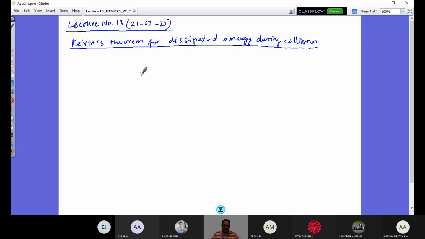What does the theorem state? During collision, I use this mathematical definition. Delta E is energy loss due to dissipation, so I put that with the prime. In the previous class also we saw delta E, the energy loss we calculated, where we have not put the prime dash.